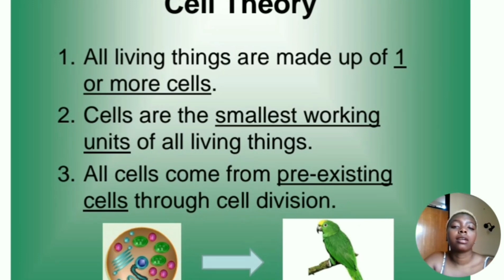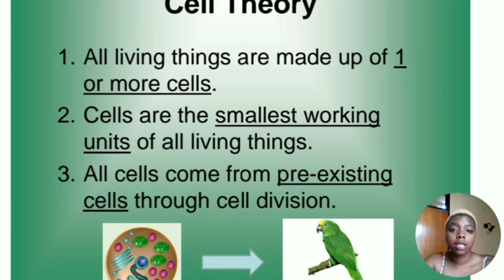And then regarding the cell theory, we're going to look more at the cell theory, as this can be questioned later in this tutorial. So we can say that all living things are made up of one or more cells, and cells are the smallest working unit of all living things, and that all cells come from pre-existing cells through cell division.